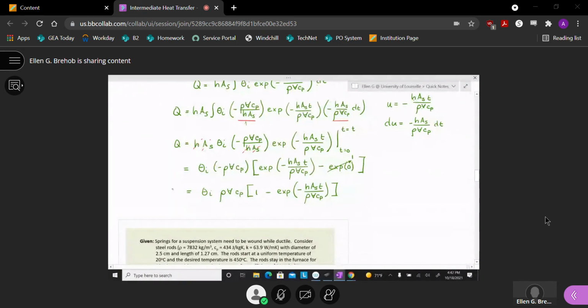Okay. And we did all that work. I want you to be thinking about the fact that that gives me the total amount of heat, so joules or kilojoules, that were lost over some length of time that this object was exposed to a convective boundary condition.